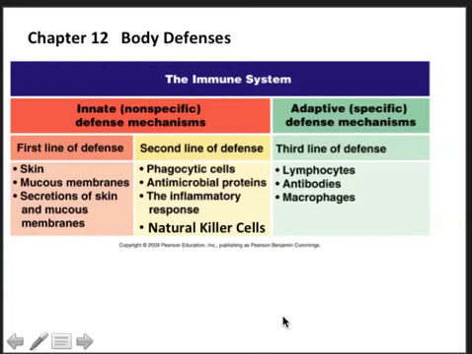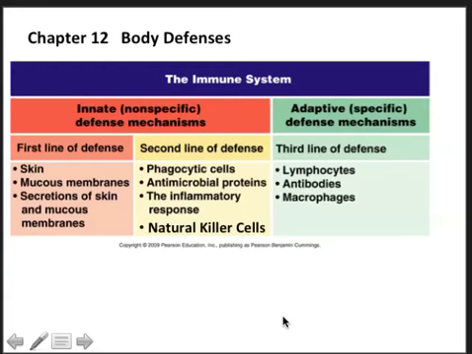Your immune system is made up of two types of protective apparatus that keep you disease free. Your innate defense mechanisms are those that use the same type of defense regardless of the identity of the pathogen. So they don't care if the pathogen is a virus or a bacteria or a parasite or what have you.